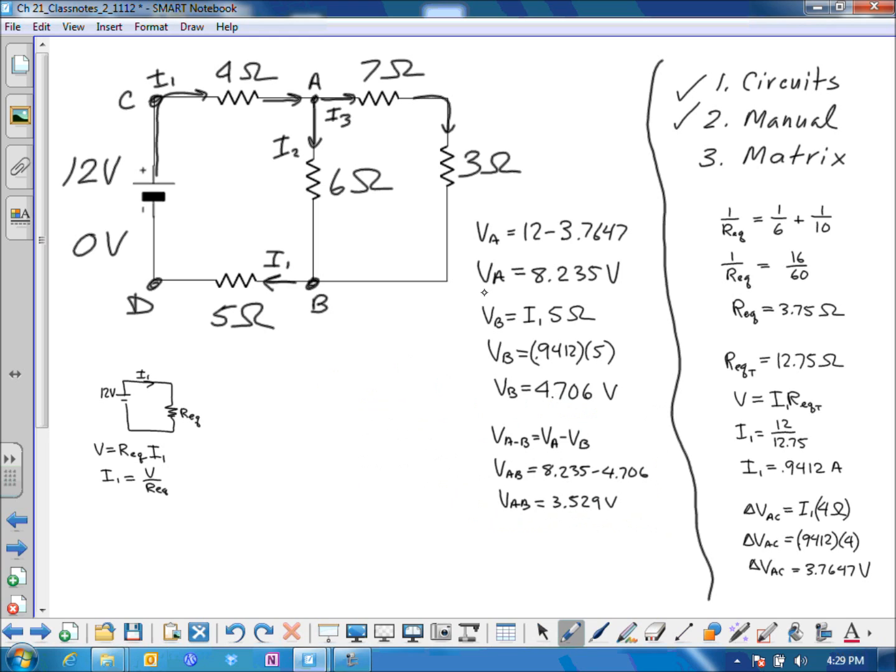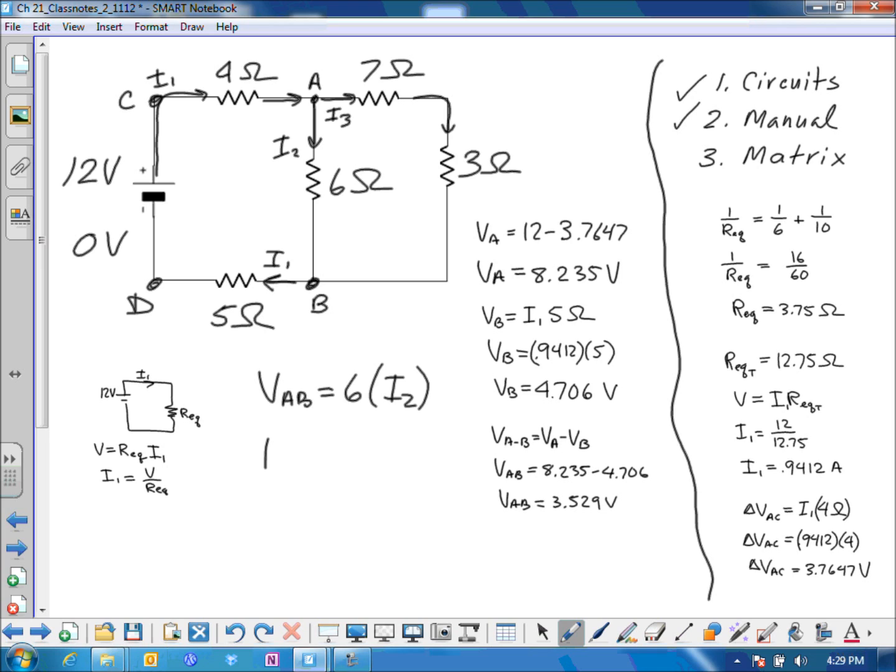Having found the voltage across AB, we can now find the current I2. How can we do that? The voltage across AB is equal to the 6 ohm resistance times the current I2.